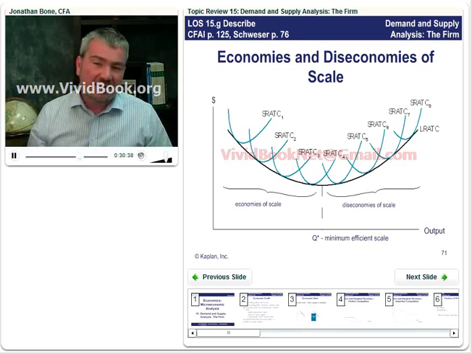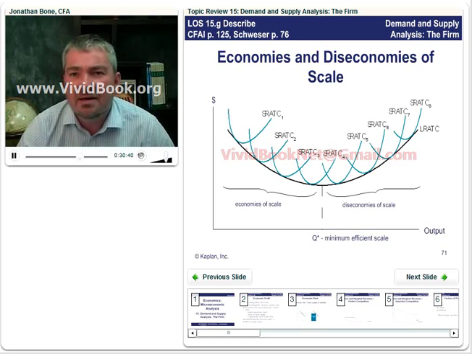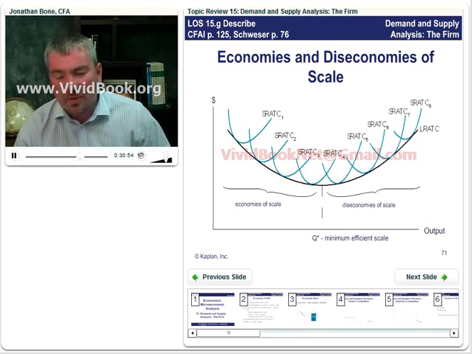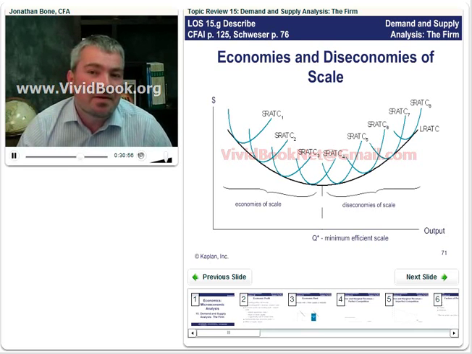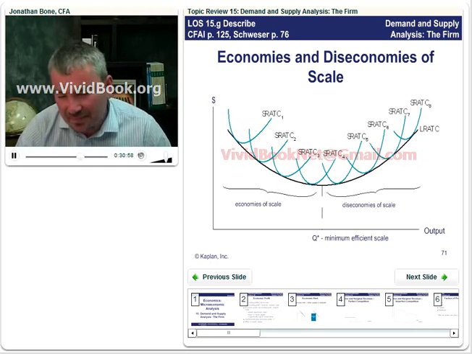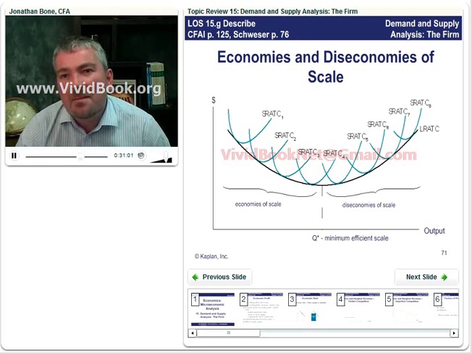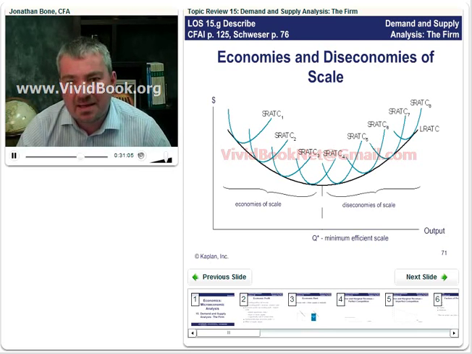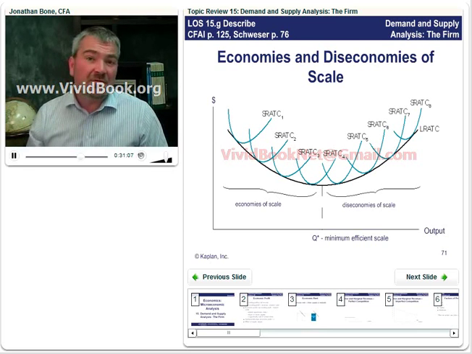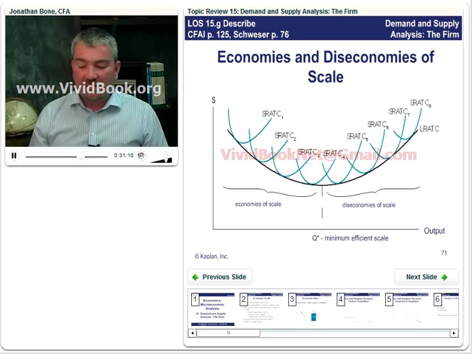You start to suffer from things like having unionised labour forces, etc. So as we expand beyond a set point, the long-run average total cost of production actually starts to rise. So note, therefore, that there is some efficient size of plant, known as the minimum efficient scale, that minimises the long-run average total cost and hence quantity. And that's the most profitable scale of production for our firm.